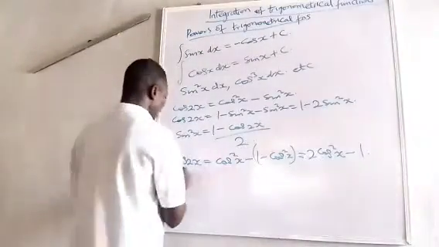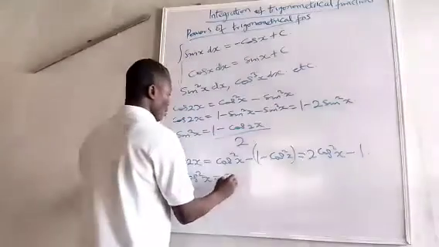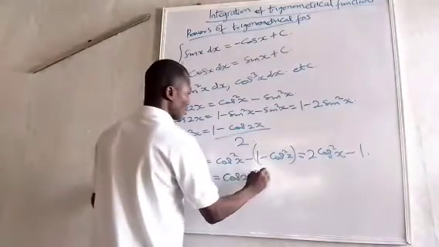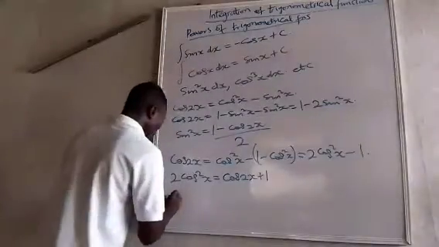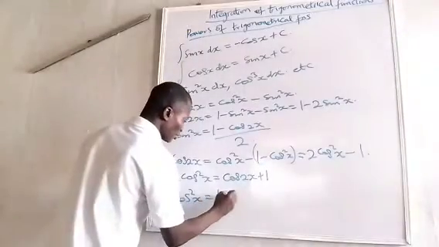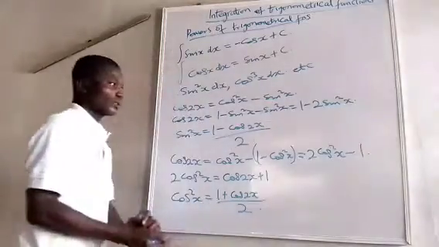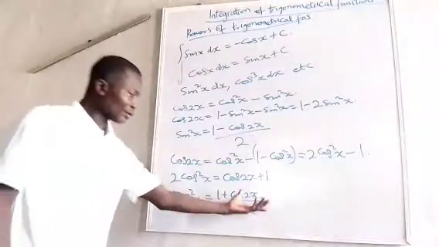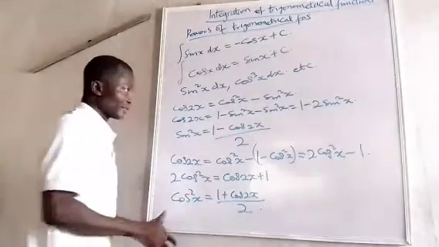So what does that mean? 2 cos square x is equal to cos 2x plus 1. So I can now say that cos square x is equal to 1 plus cos 2x over 2. So if I want to integrate this one now, it is not easy, it is very easy. Let's see what it should be like.